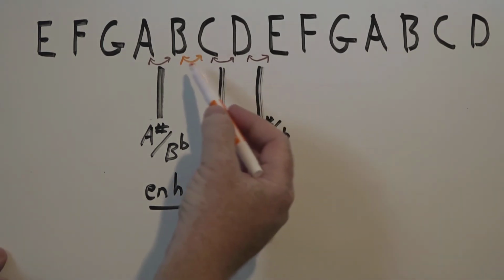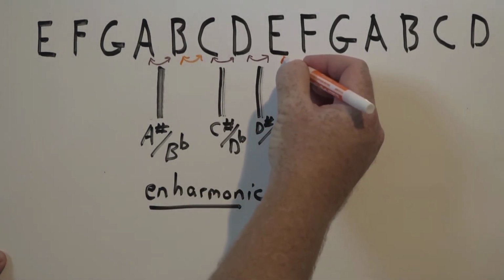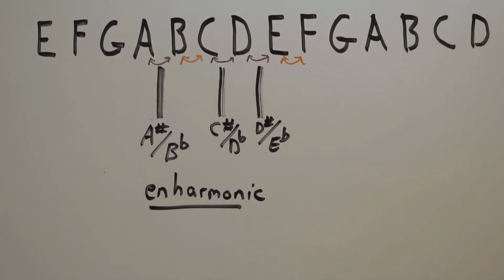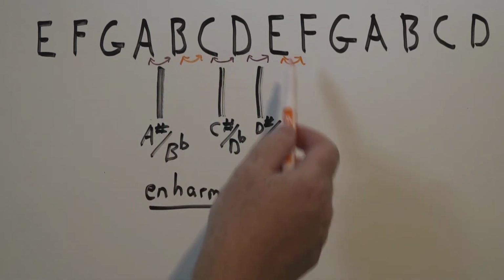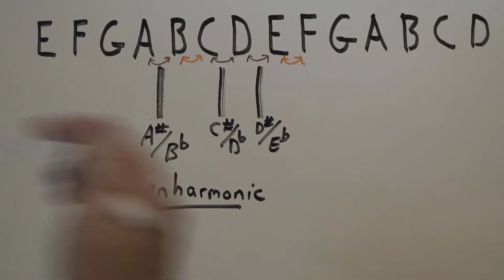Now, just like there isn't a note in between B and C, there isn't a note between E and F. So you could possibly remember it this way, that the only places where there isn't a note is in between B and C and E and F. Everything else, there is a note.